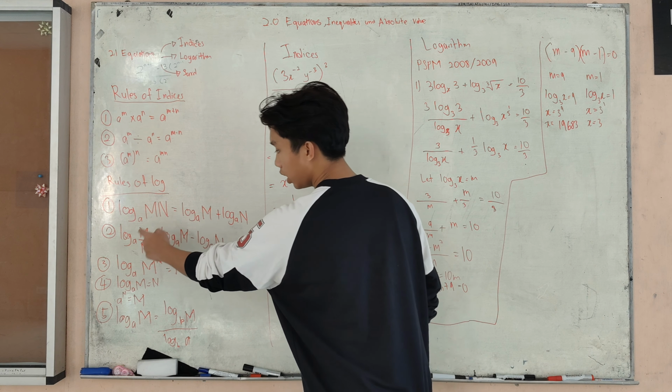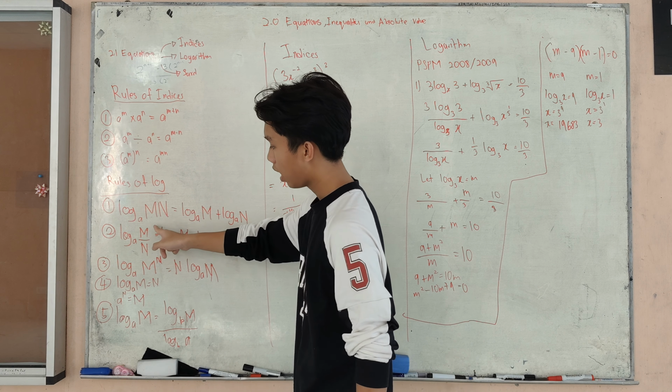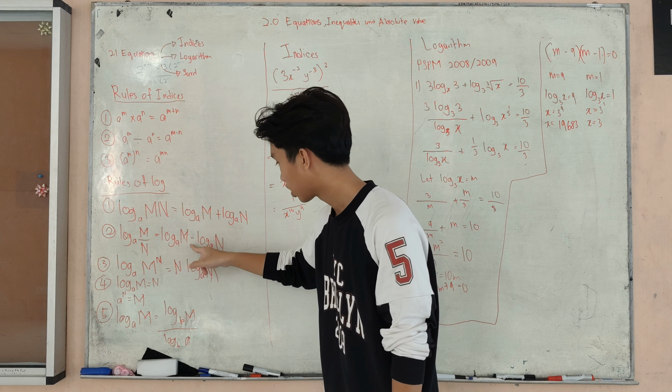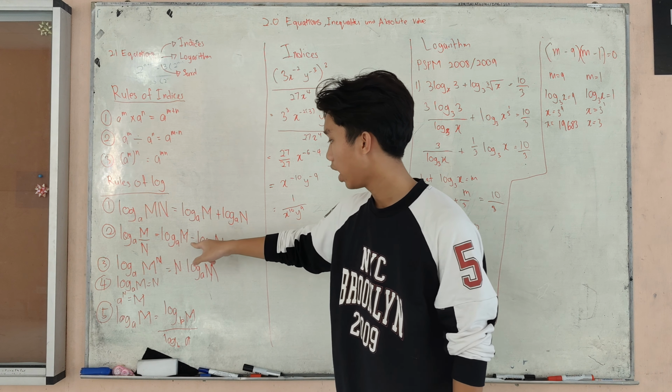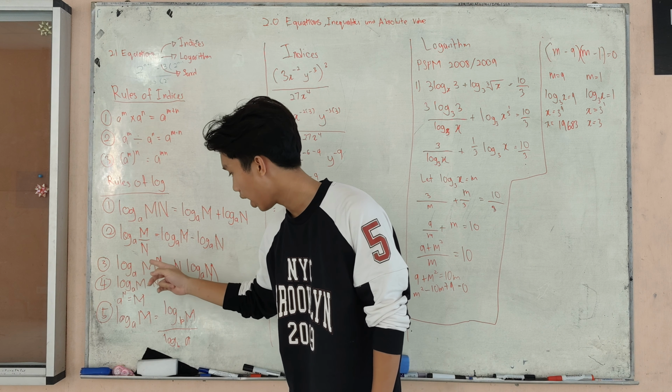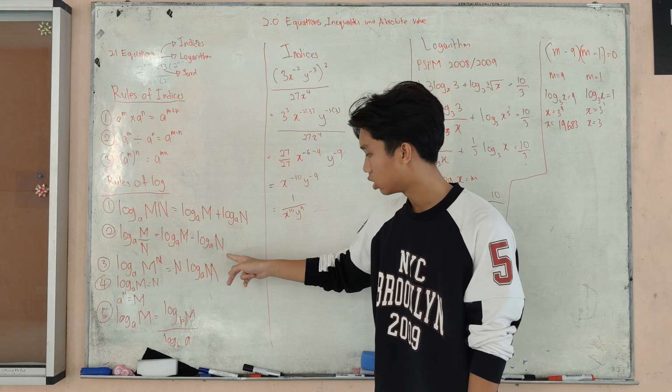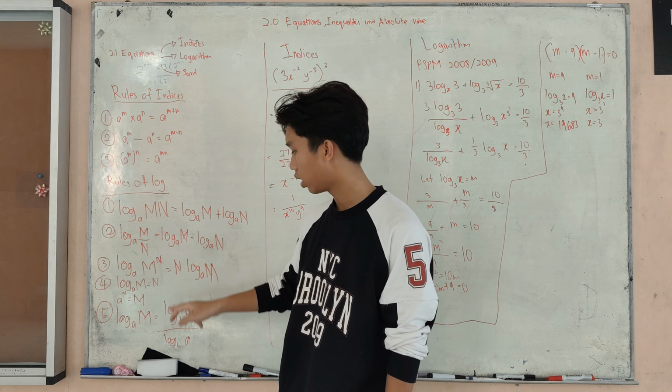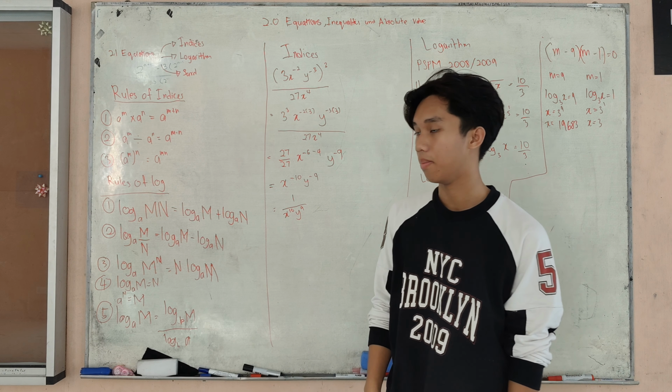Then you have log a of m over n, which is a process of division, and you will get a process of subtraction, log a m minus log a n. We also have log a of m to the power of n, where you just put the n in front, so we will have n log a m.